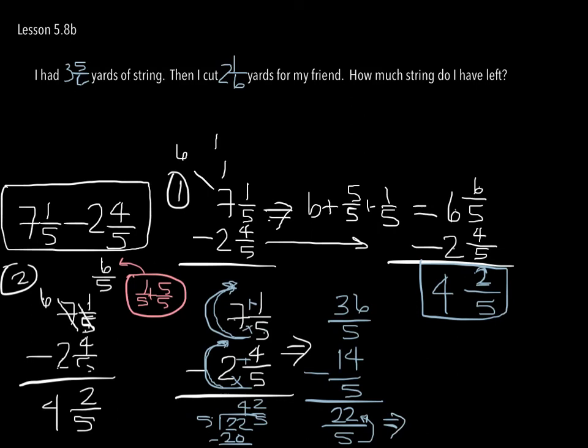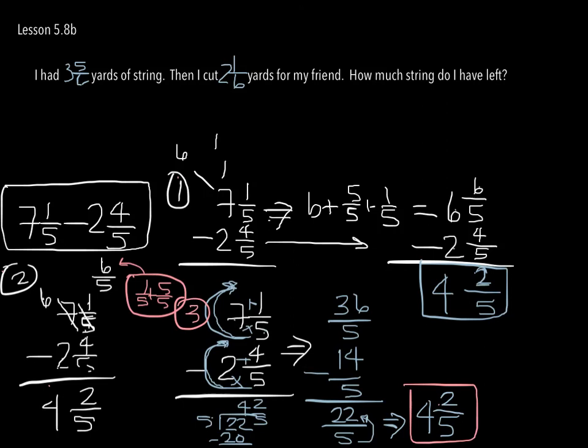I have to convert it to a mixed number, which I've done right here, and the answer is going to be 4 and 2 fifths. Now, ladies and gentlemen, one way, 2 ways, 3 ways, and yet the same answer each time. Which way do you do it? Does it matter to me? No. You just have to find a way to do it and work through it.